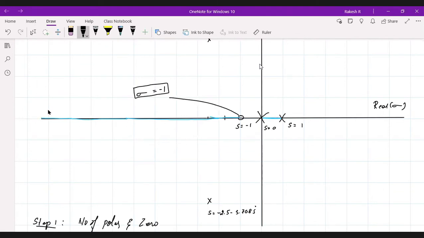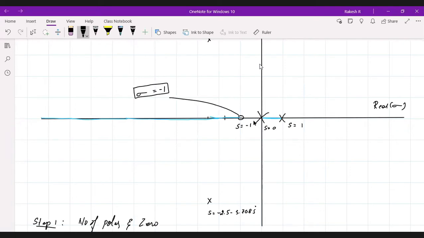So we can directly assume that there might be a break-in point or breakaway point in between these two regions.